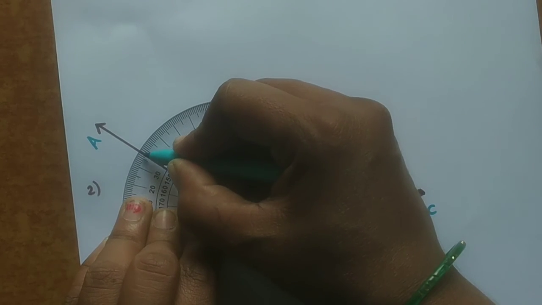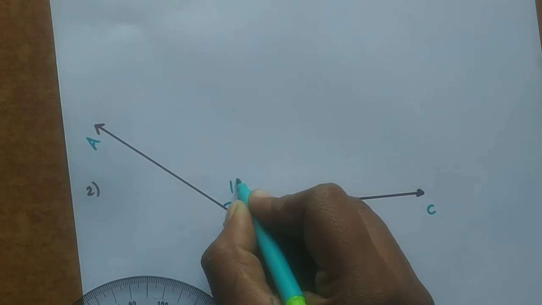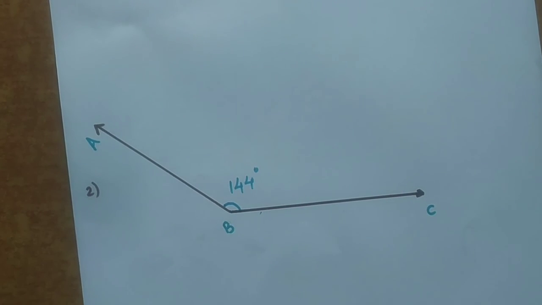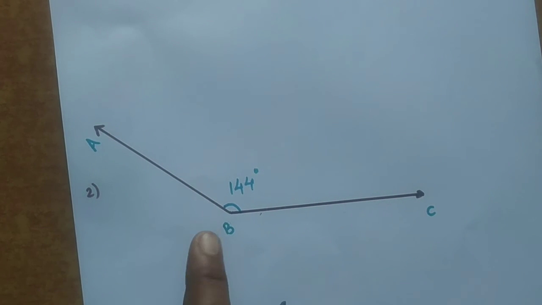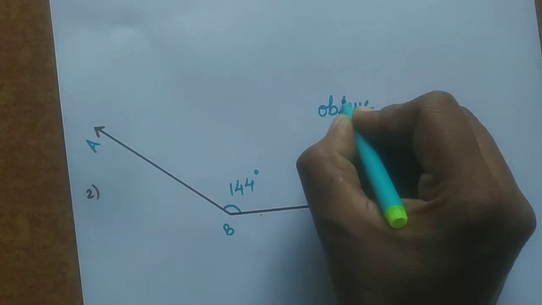So 144. So the angle is 144 degree. So now this is which type of angle, children? So 144, it is more than 90 degree and less than 180 degree. So the angle is obtuse angle.